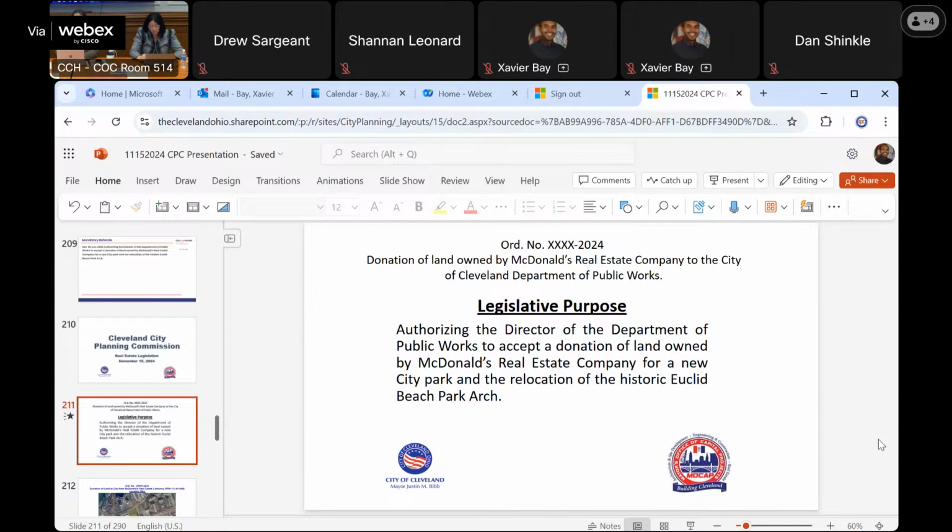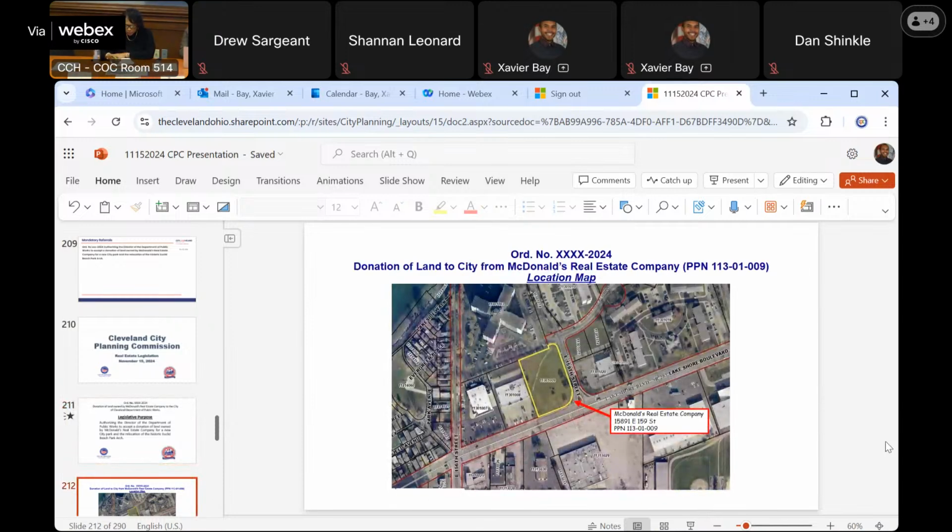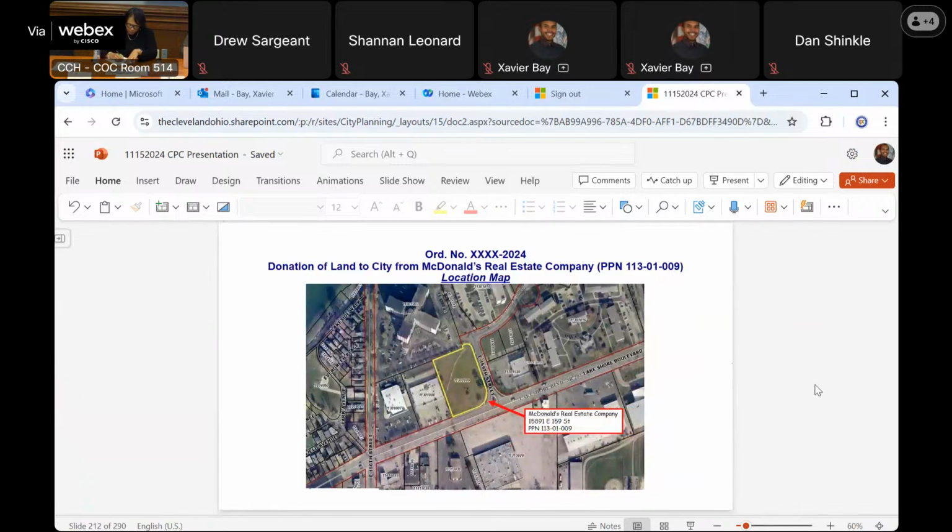If you'll go to the next slide. 15891 East 159th Street is the location of this parcel. It's a 1.5 acre lot that is owned by McDonald's Real Estate Company, but it has been vacant since 2011. The plan is to convert it into a city park.